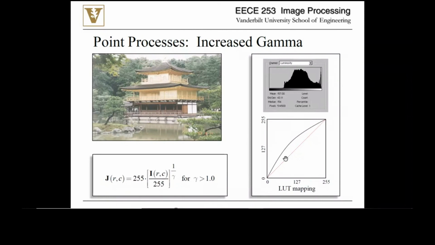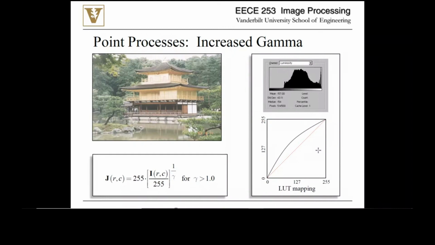But now our transformation with gamma larger than 1 is this one. So just a question, is this gamma transformation, this particular one, increasing or decreasing the contrast? Is it increasing or decreasing?